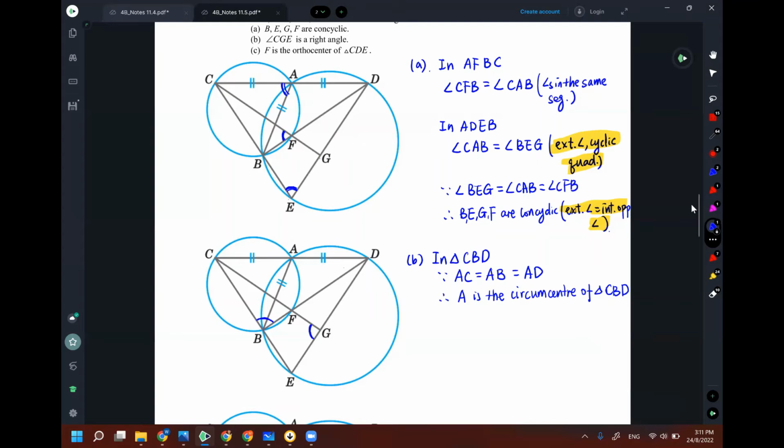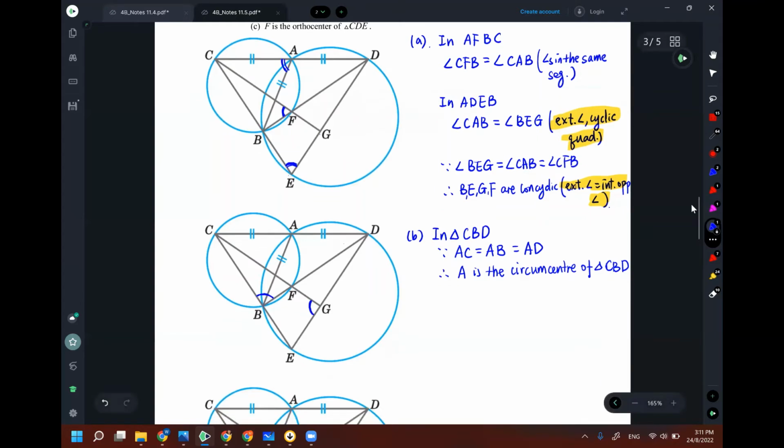Try to understand that. Okay, now why do I want to do that? Because I want to say that angle CBD is a right angle. Now how do I say that? Because CAD is a straight line, that means CD is the diameter of circle CBD.